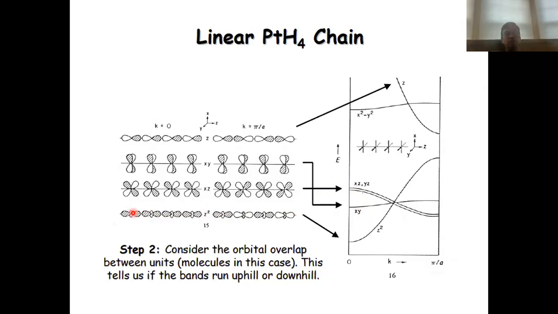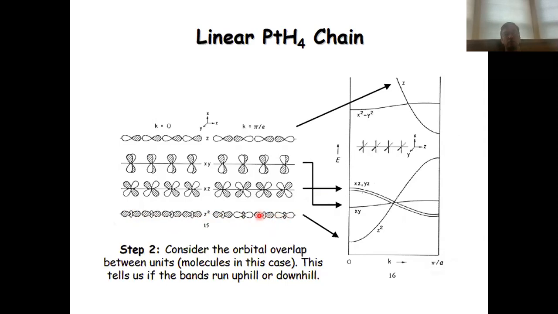Okay. So now at k equal to 0, the algebraic signs of all these dz square orbitals are the same. Okay, and you see that this leads to the maximum bonding situation. Therefore the most bonding crystal orbital will be found at k equal to 0. Okay, at k equal to pi over a, well, the algebraic sign of the dz square orbitals will be altered with every dz square orbital.